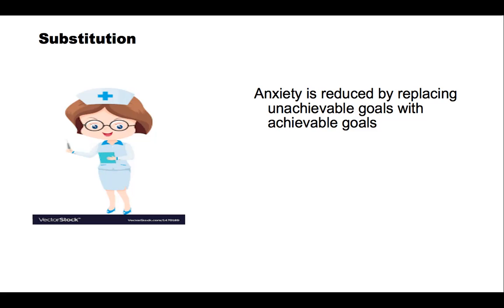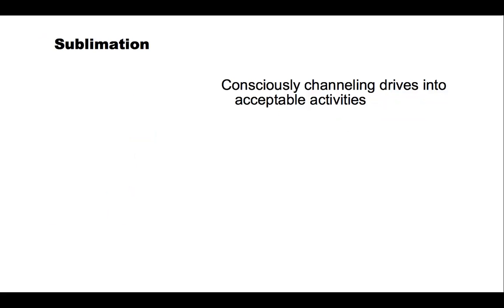Now let us see what is sublimation. Sublimation is consciously or unconsciously channelizing instinctual drives into acceptable activities. It is a mechanism that channelizes socially unacceptable desires into an acceptable form. In this mechanism, primitive impulses are directed to socially useful goals.